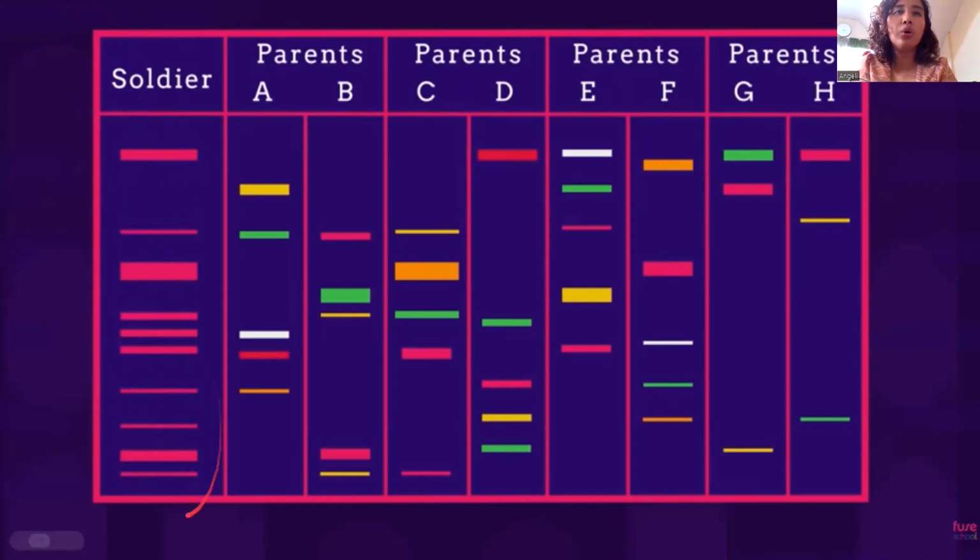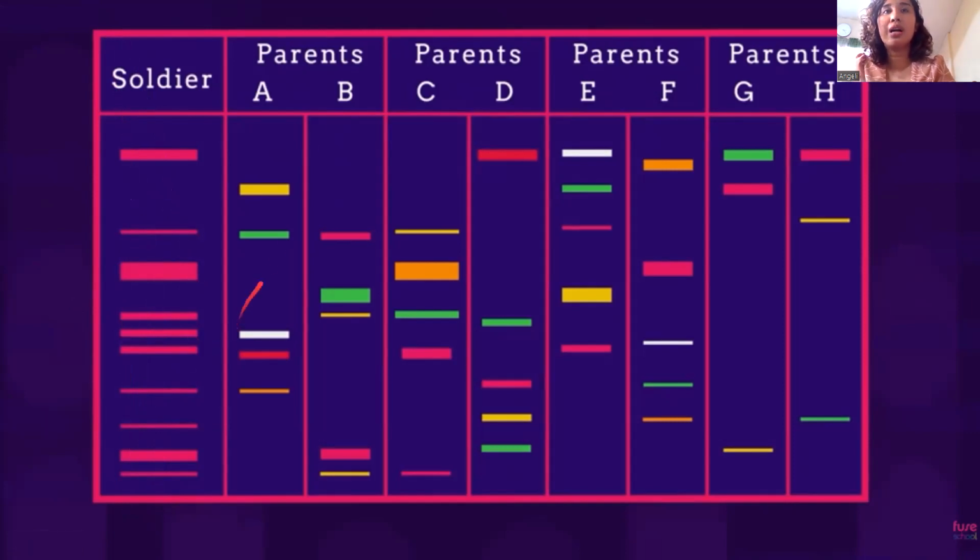So, ito yung electrophoresis results ng soldier, okay? And find. So, dapat 50% ng short tandem repeats ng soldier nasa parent A, and 50% ng STR niya ay nasa tatay.